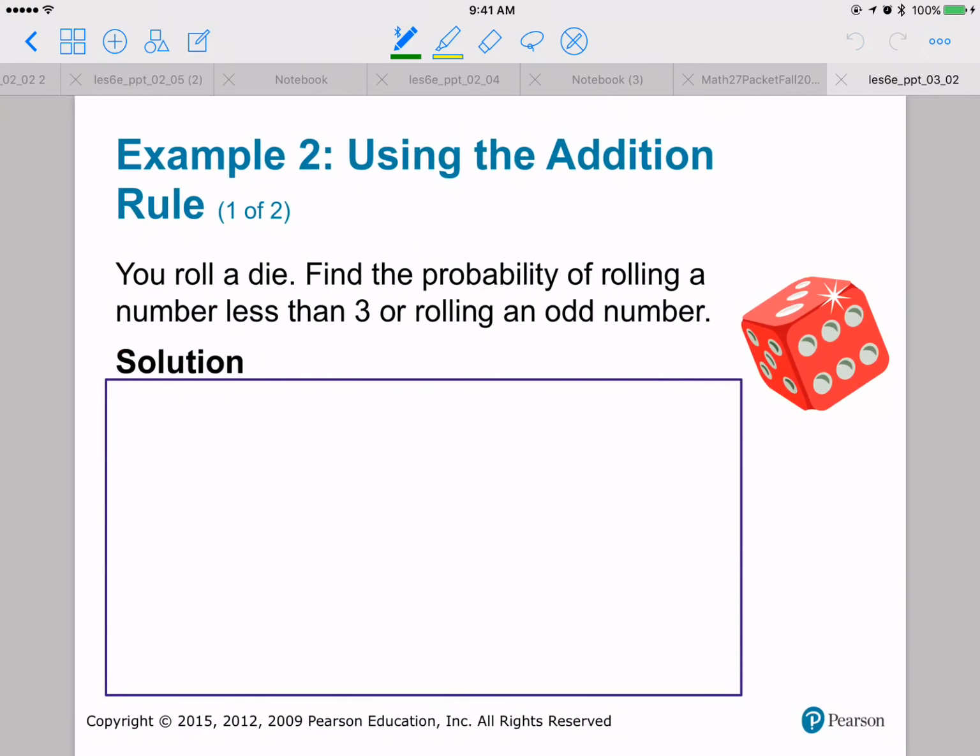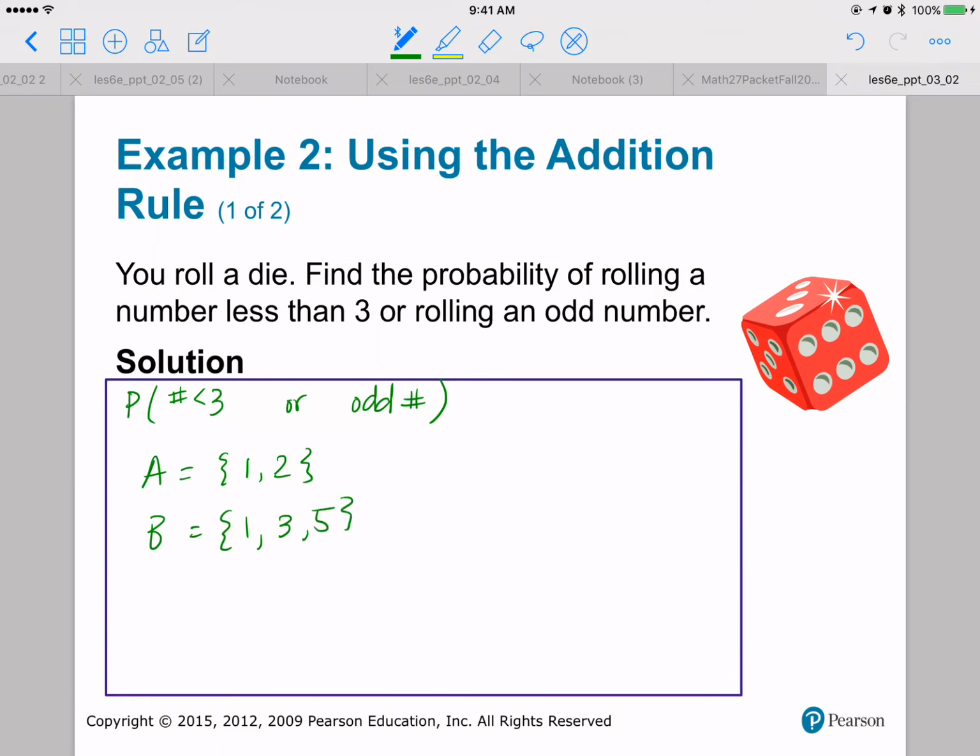You roll a die, find the probability of rolling a number less than 3 or rolling an odd number. So we want the probability of rolling a number less than 3 or an odd number. Okay, so A is going to be our event of rolling a number less than 3, which means we need to have 1 or 2. And B is going to be rolling an odd number, which means we can get 1, 3, or 5.